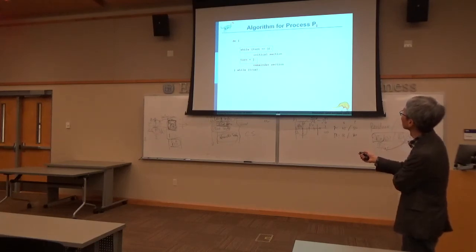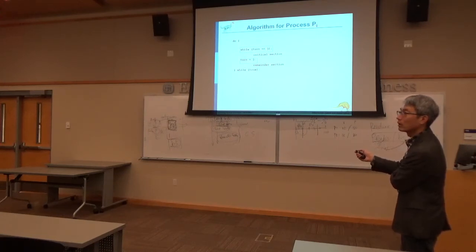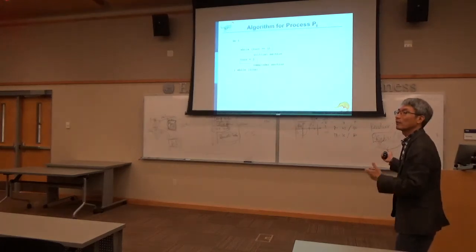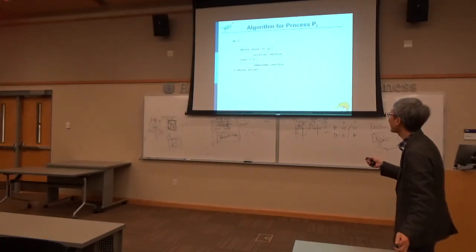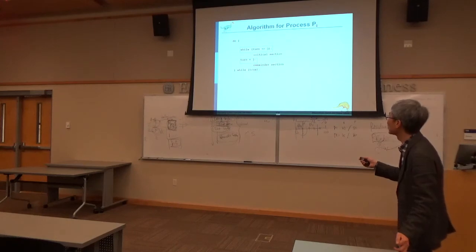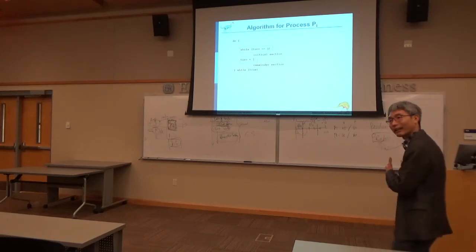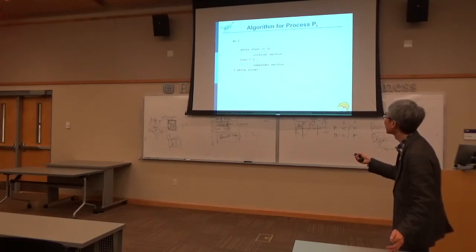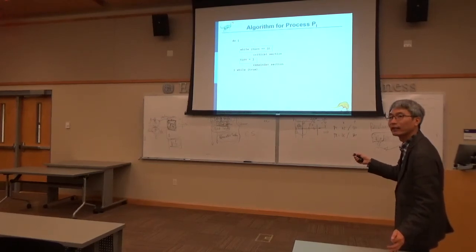What does that mean? Turn is the variable set by the operating system, and j is another process. So if currently the toilet bowl is used by j, then it's true. True means what? You cannot get out of this while loop. So keep waiting.